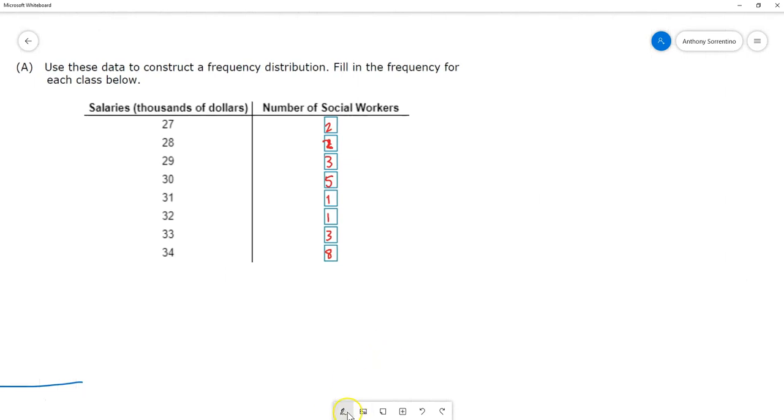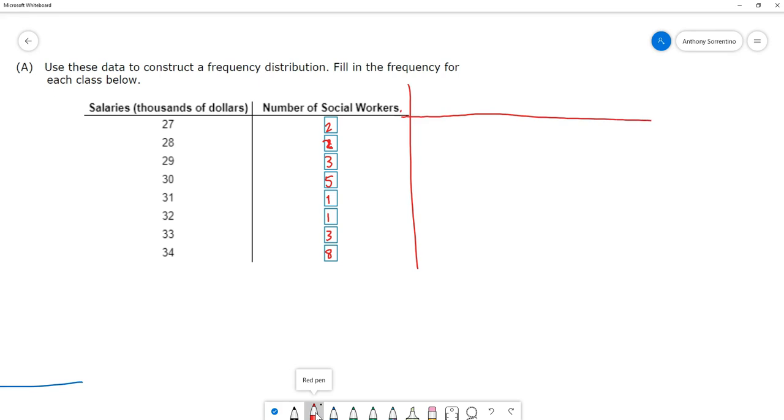So I would just go a step further and say, okay, let this be X, let this be my frequency, and I'm going to let this be the frequency times X minus X bar, where X is the score, X bar is the mean, which again is 31.24, and I'm going to fill in this table.